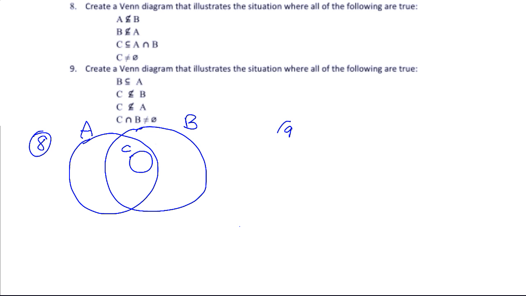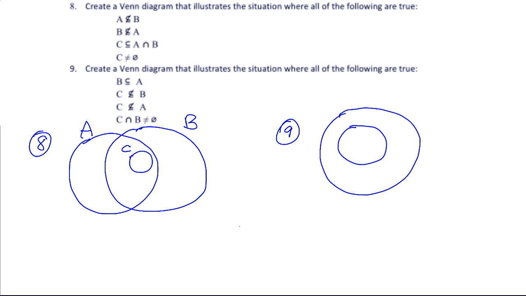Problem 9, similarly, let's see, B is a subset of A. Let's just start with that. B is a subset of A. Okay, B is on the inside of A. C is not a subset of A, so C has to reach outside of A, but C does intersect B, because C intersect B is not equal to the empty set.